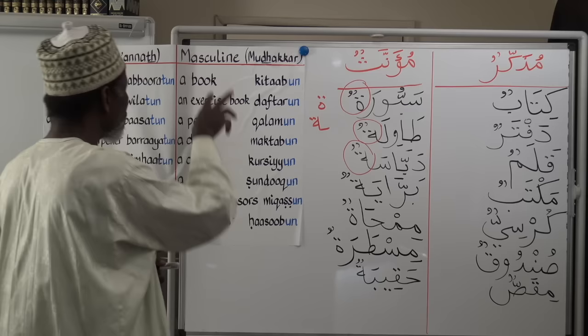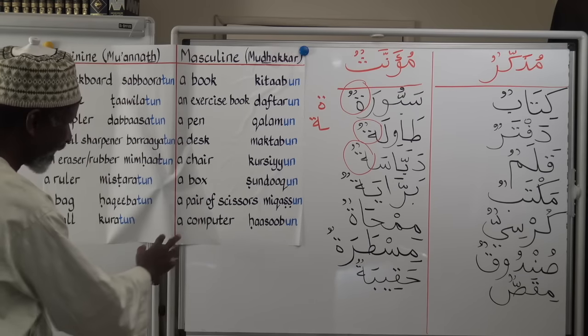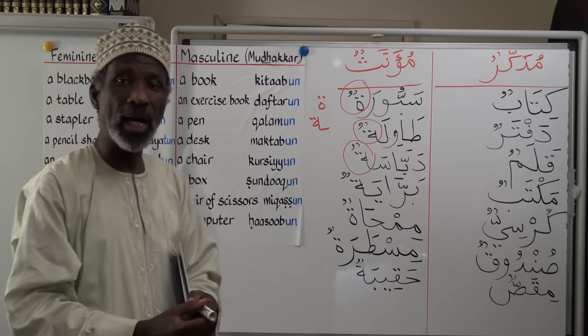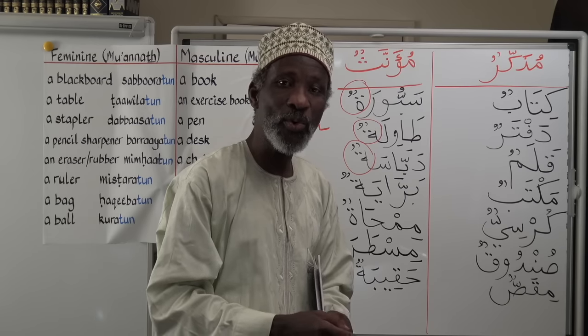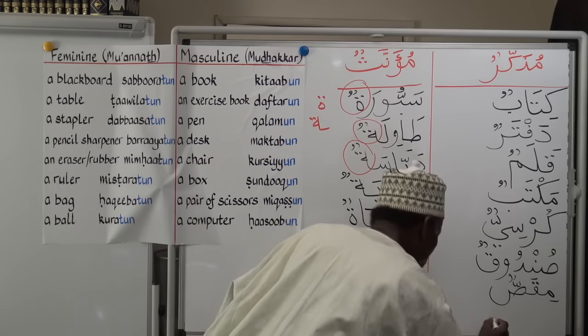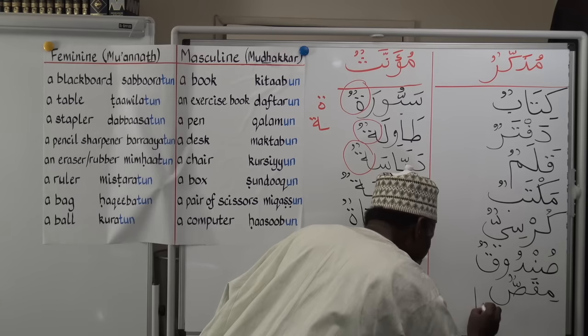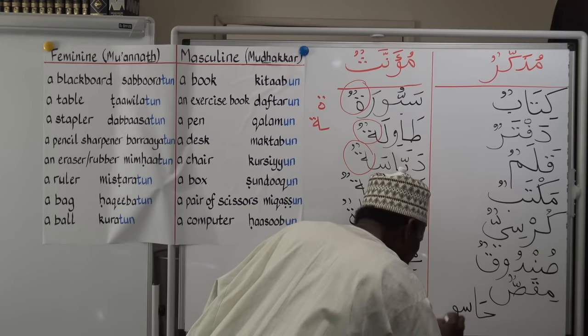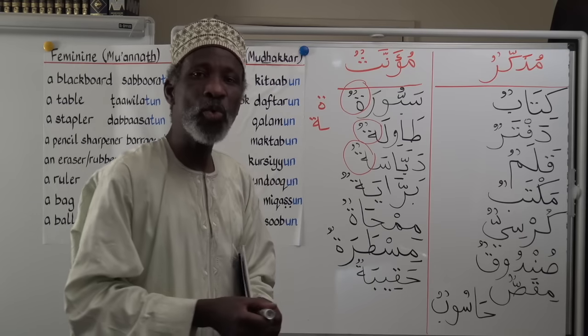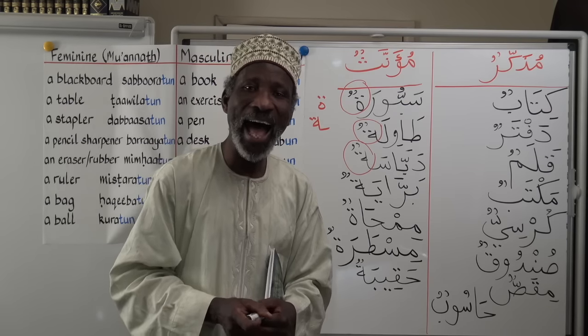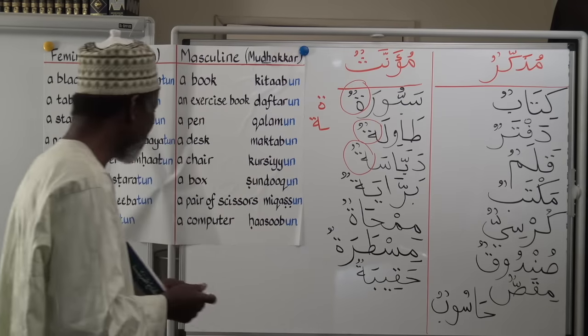The last one in the masculine section, which is مذكر, is a computer. حاسوب. The computer.